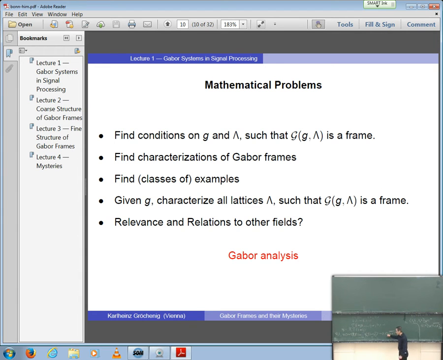Well, these are then in L2 of R. That's the shortest proof. If you look at other proofs, they're all based on the Plancherel theorem, but using this kind of notation makes it a matter of essentially two lines.